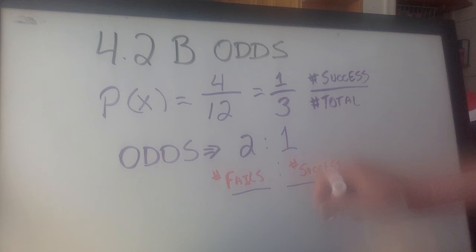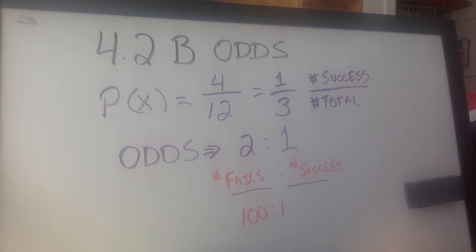If you ever hear of a horse race and you hear the odds are 100 to 1, that means it's a bad horse because it's going to fail 100 times before it succeeds one time.